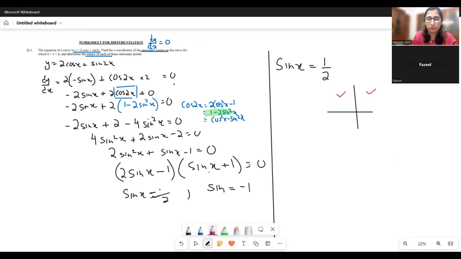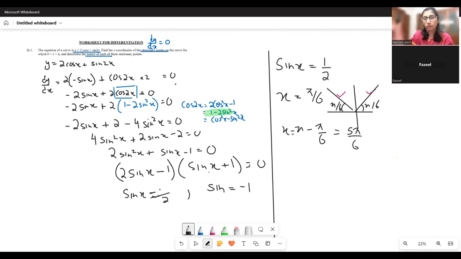So what's going to be the answers? x equals sine inverse, make sure you're in radians. So sine inverse 0.5 is pi by 6. Sine is positive in the first quadrant and the second quadrant. So the second answer would be pi minus pi by 6. That's going to be 5 pi by 6.